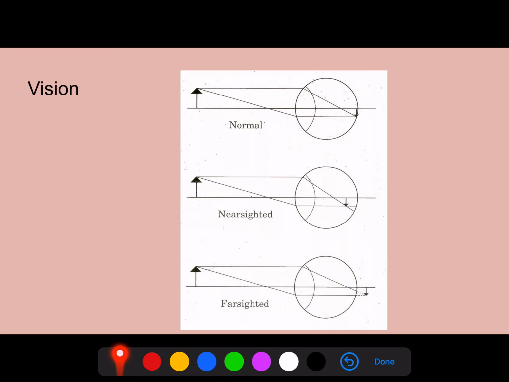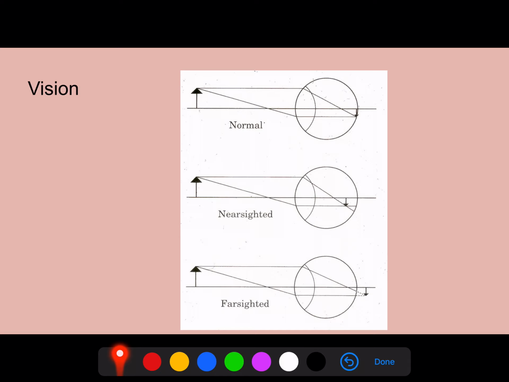Notice that that image is actually upside down. So one of the things your brain has to do is invert that and turn it right side up.